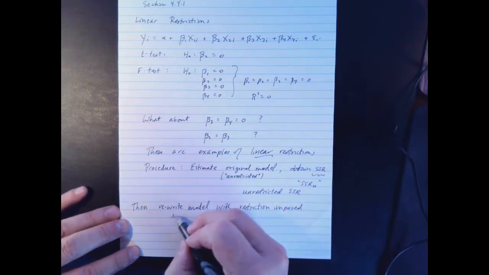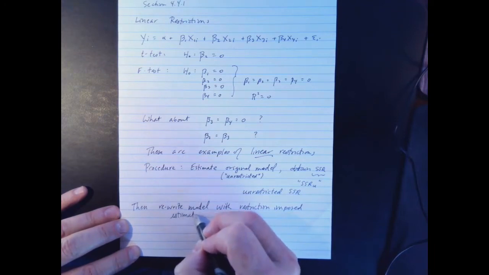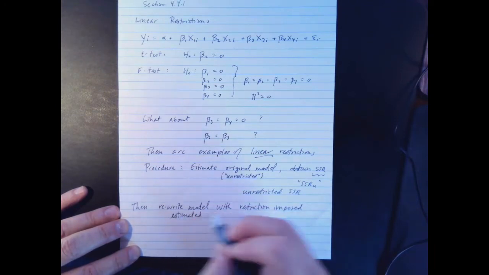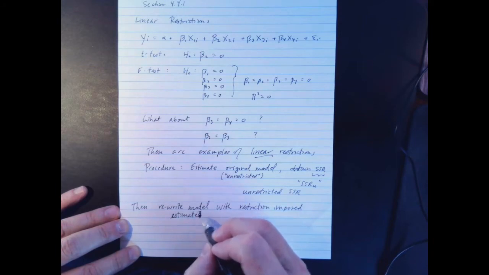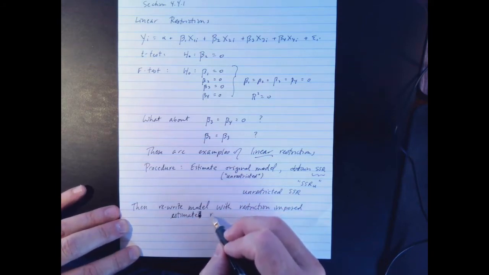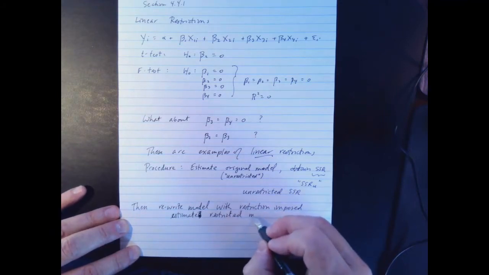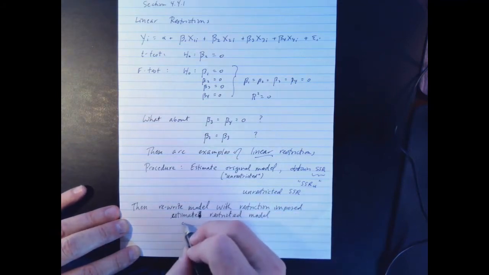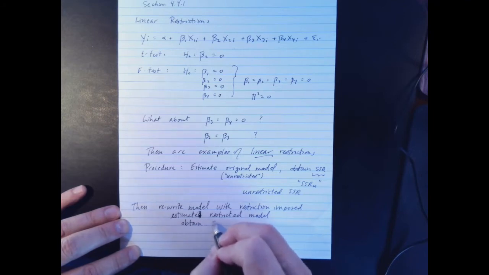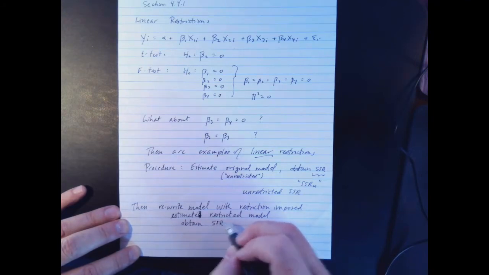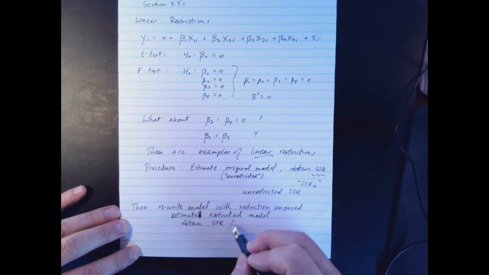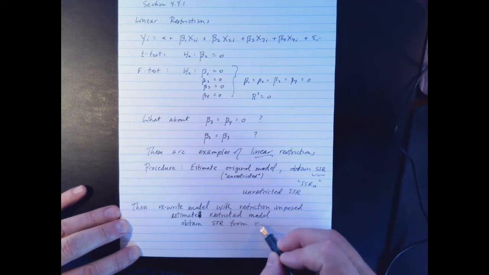And then we estimate the restricted model, and we obtain the sum of the squared residuals from the restricted model.